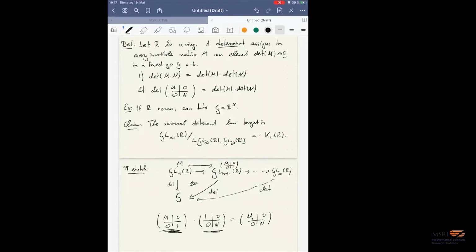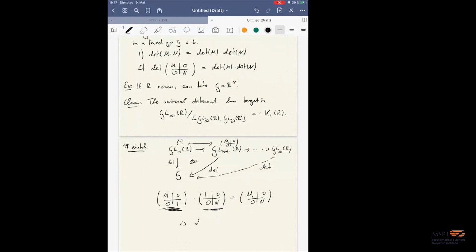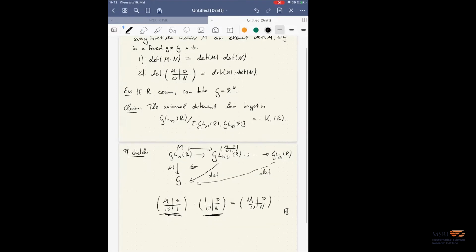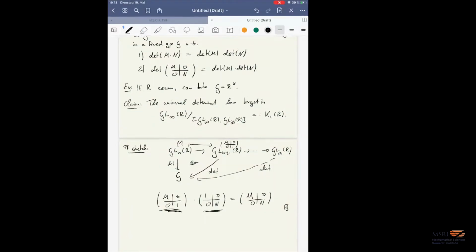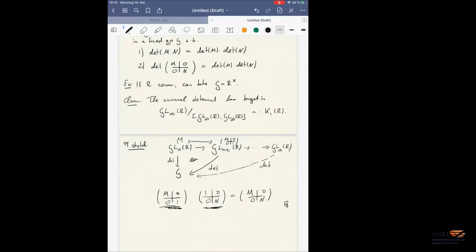Then we can multiply like this, but we can also do it the other way around with a similar trick. Sorry, this may not be precisely what I want to say, but let me leave this as an exercise. You can make a little trick with the block sum to see that it actually factors over the commutator. So this motivates the definition of K1 of R as the recipient of the universal determinant.